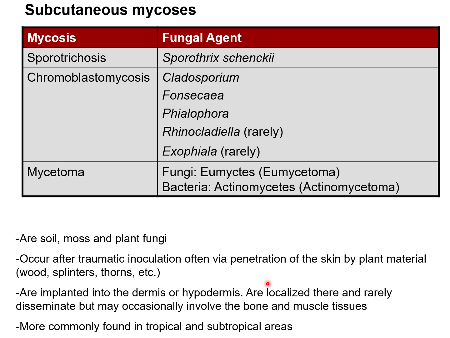They do not disseminate unless somebody is immunocompromised. However, they might occasionally disseminate in somebody who is not immunocompromised. They might go to the bone and the muscle tissues. So usually these are not painful infections unless they actually do go deeper. They're mostly seen in tropical and subtropical areas.